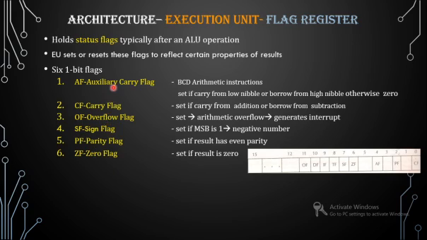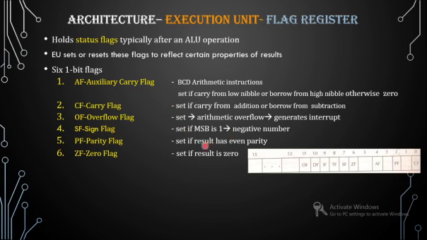So we have the auxiliary carry flag, which will be set if there is a carry from the low nibble or borrow from the high nibble. The carry flag will be set if there is a carry from addition or borrow from subtraction. Then the overflow flag whenever the result is overflown.